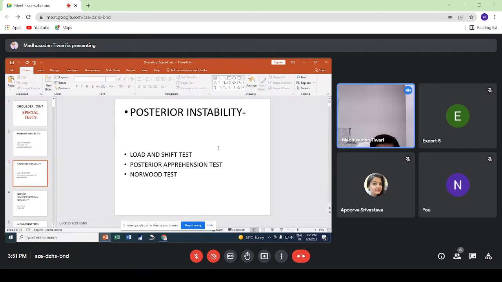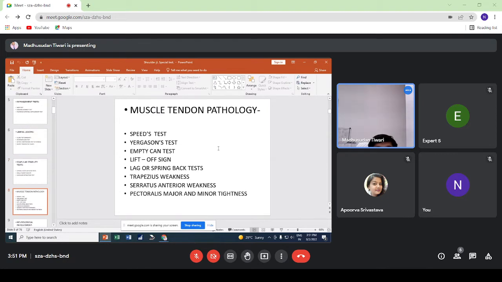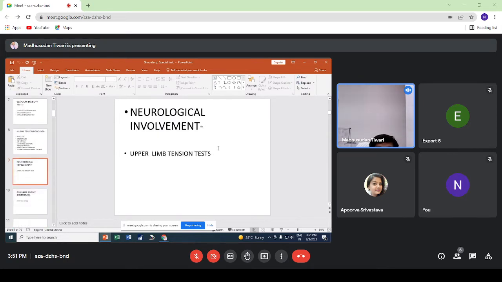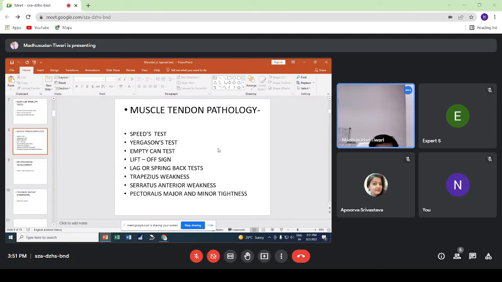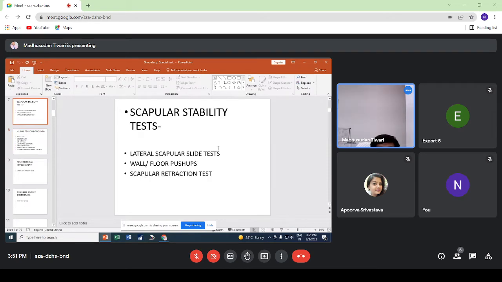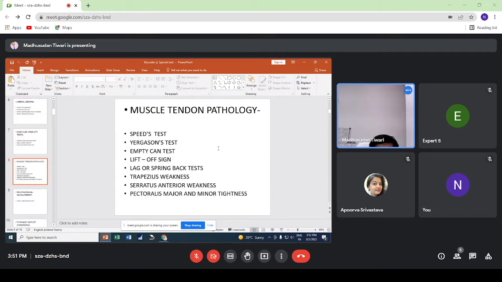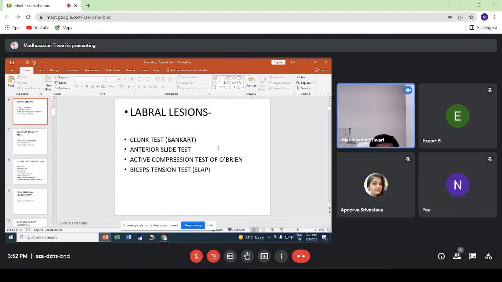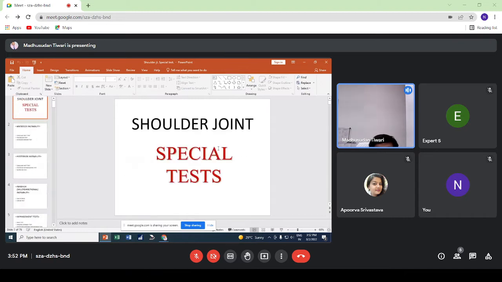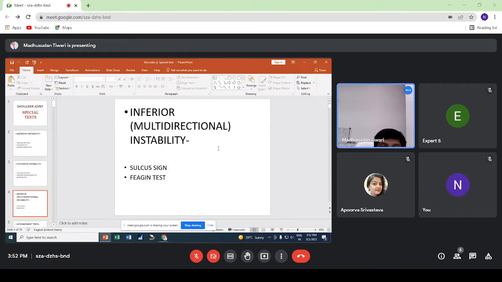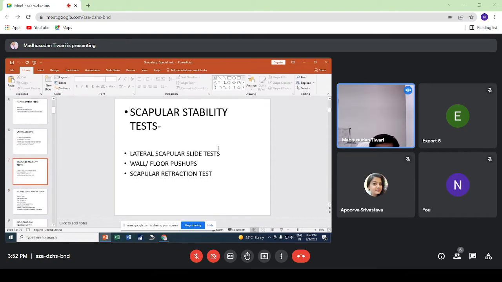First is the anterior instability test. All these are the tests of the shoulder joint.